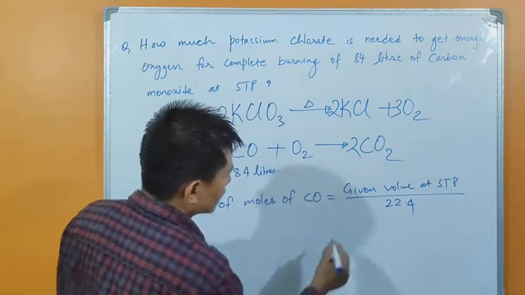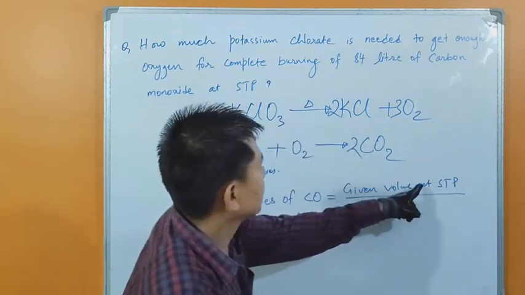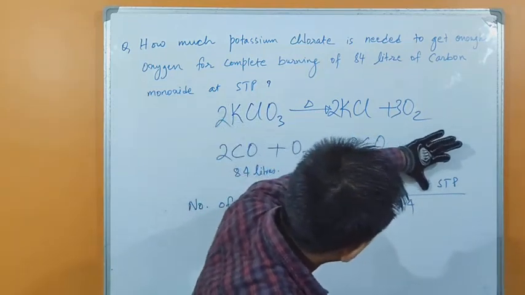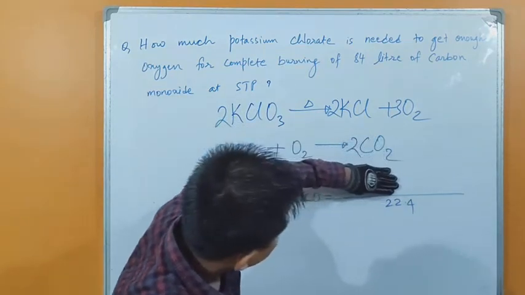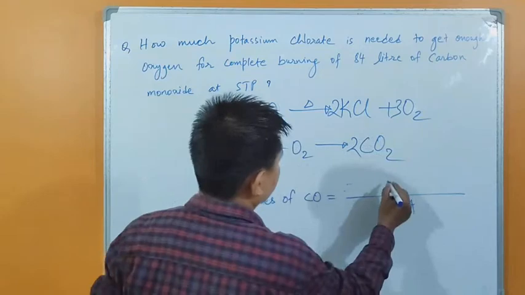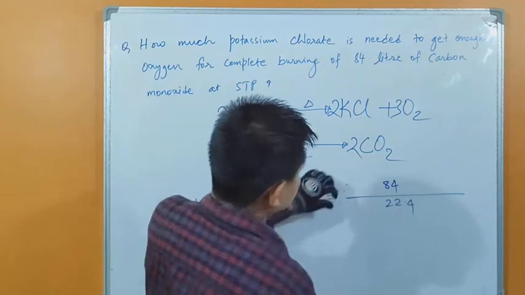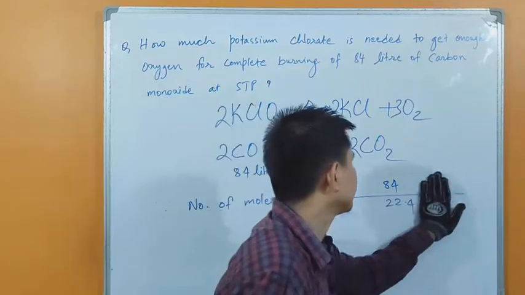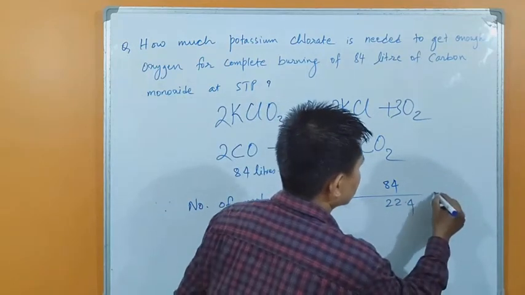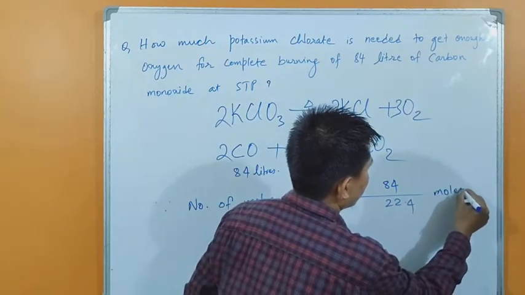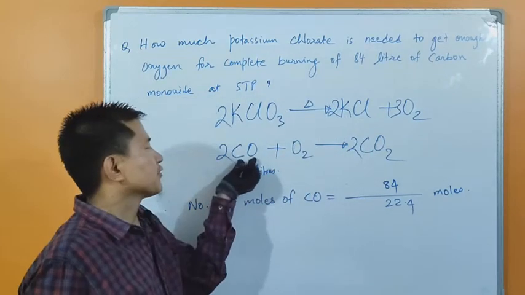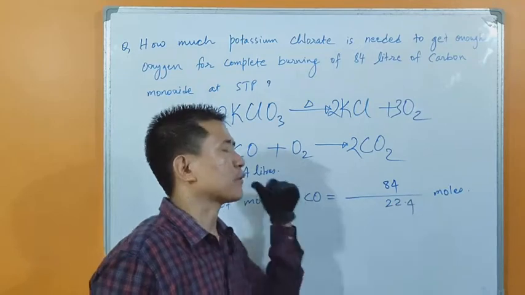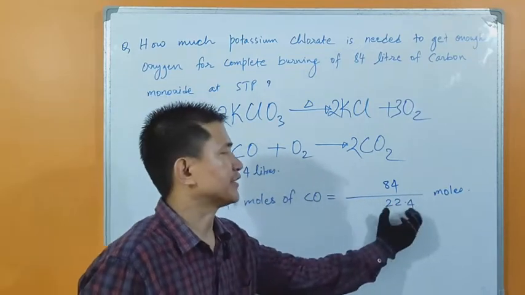So given volume of carbon monoxide is how much? 84 liters, isn't it? So instead of given volume, I write 84. Okay, I hope you got this. Number of moles of carbon monoxide is 84 by 22.4. 84 liters of carbon monoxide gas means 84 upon 22.4 moles of carbon monoxide gas. This is the quantity in moles.